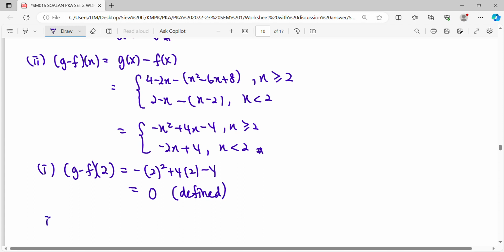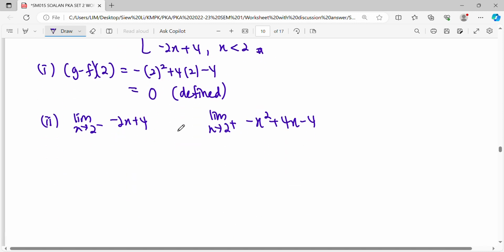Then number 2, we have to identify whether the limit exists or not. The limit as x approaches 2 from the left hand side of this function will be negative 2x plus 4. We calculate this limit separately because we want to identify whether the limit exists or not. Looking at the result, substitute 2, we also get 0.